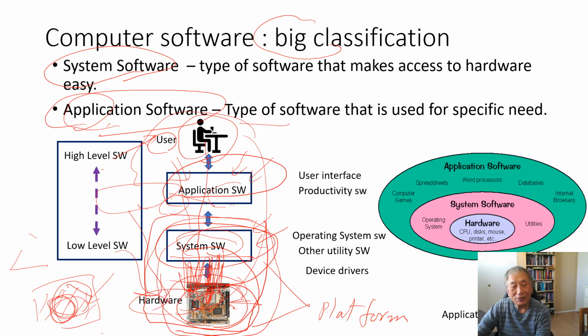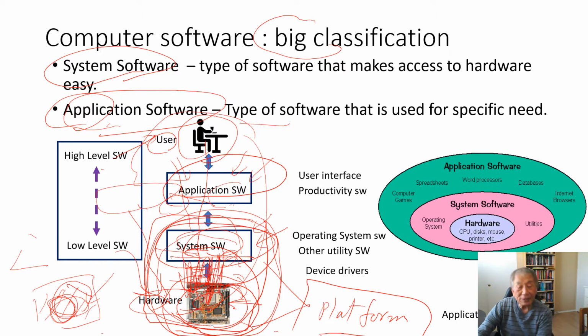Low level is more like the system software, and these two together, hardware and the software to work on it, is called a platform. Sometimes the software and some system has all the necessary utility or library that's useful for this work.